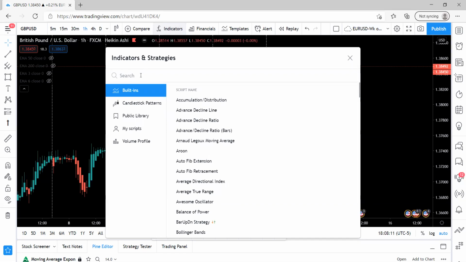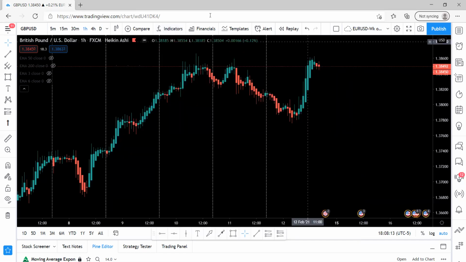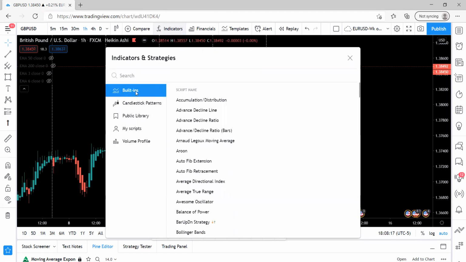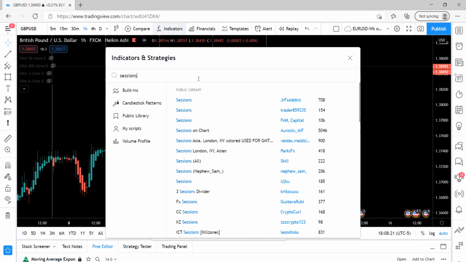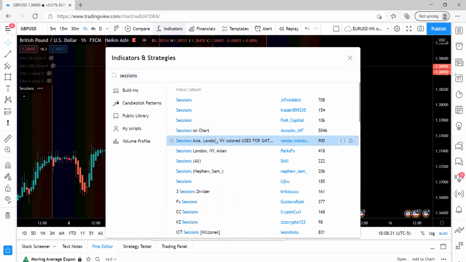If you go under indicators and find the FX indicators box right here, you click on that, and under built-ins, you type in sessions. Now there are many different indicators that you can use, but I use this one, Sessions, Asian, London, New York colored. You just click on it and it will add it to your chart.